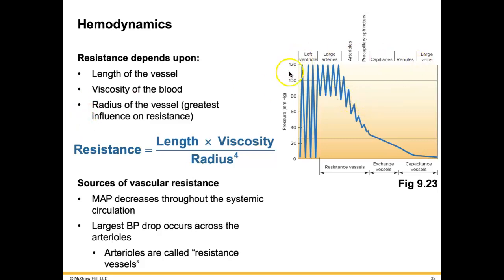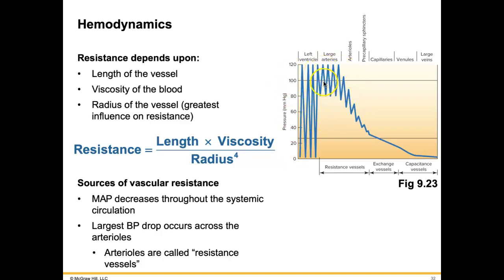If you look at this graph or figure on the right-hand side here, you could see that we have our larger vessels here at the arteries and our large veins. And we know that leaving at the left ventricle, we are going to have the greatest amount of pressure, and that's on our y-axis here.